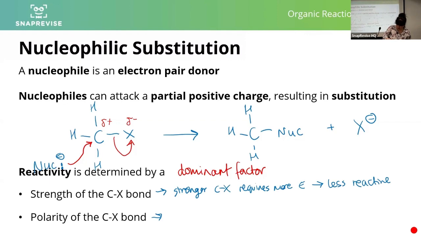And polarity of the carbon-halogen bond. Let's just jump straight to it.